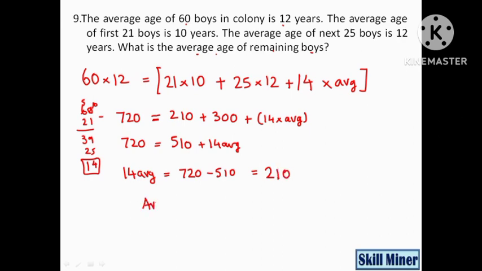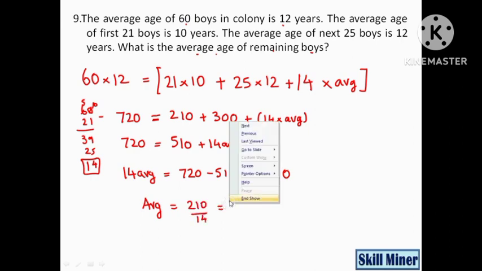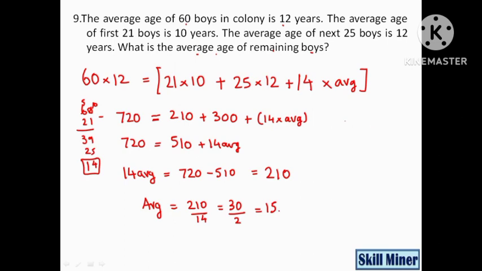So average will be 210 by 14. In the seventh table, 210 will come 30 times, 14 will come 2 times. So the average of remaining boys, that is last 14 boys, will be 15. 15 is my answer. 15 years. That is my answer. Okay.